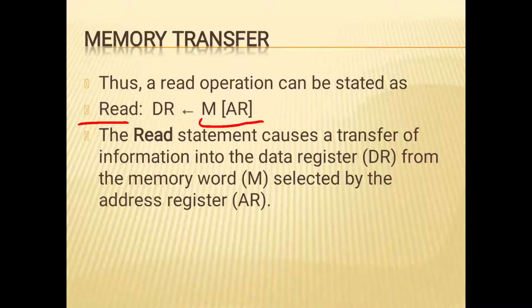It means the memory location at this address, which is provided by the address register, transfers its content to DR, the data register. Something comes out from the memory; it is a read operation. The read statement causes the transfer of information into the data register from the memory.